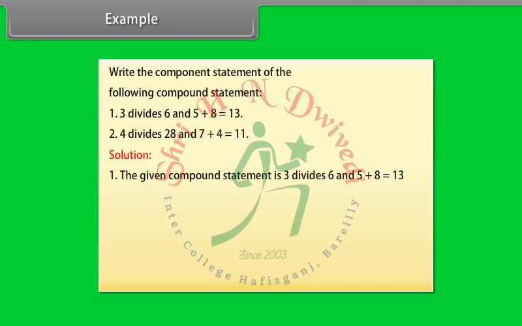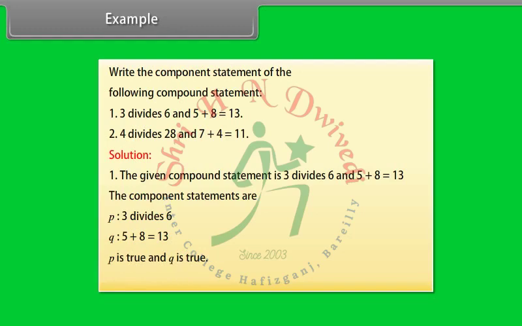The given compound statement is 3 divides 6 and 5 plus 8 is equal to 13. The component statements are: P: 3 divides 6. Q: 5 plus 8 is equal to 13. P is true and Q is true. Hence, P and Q is true.